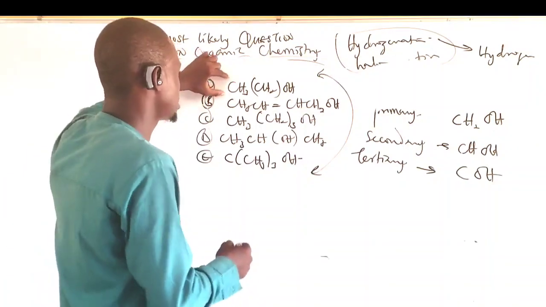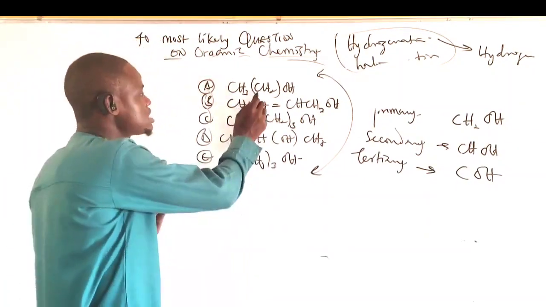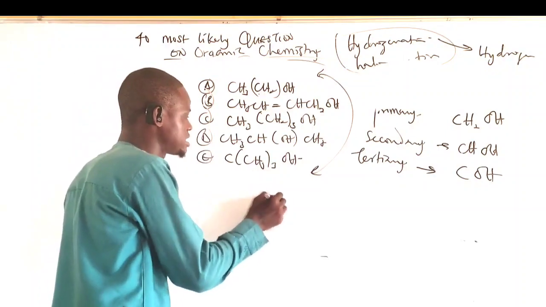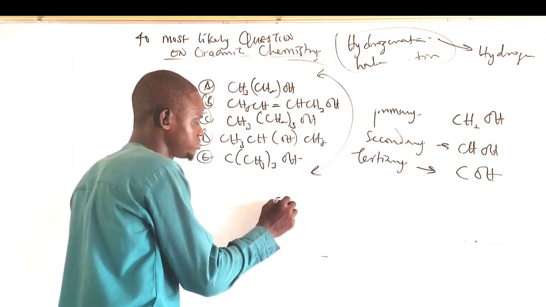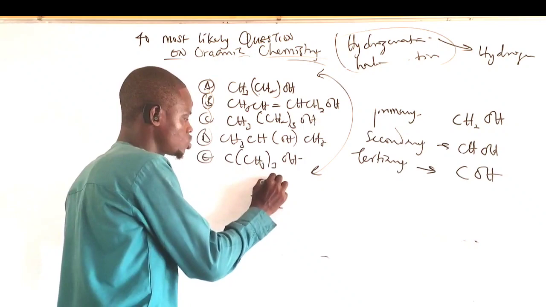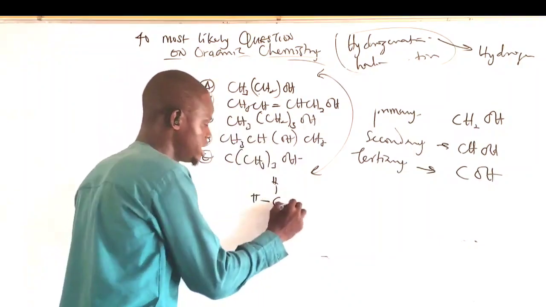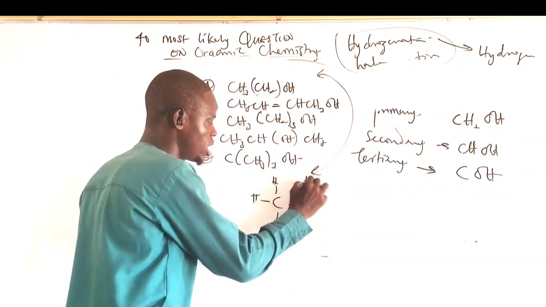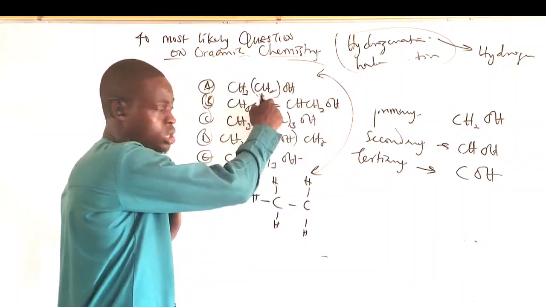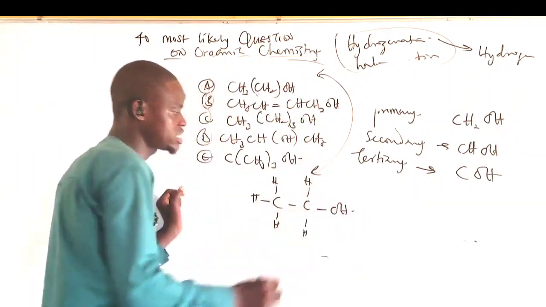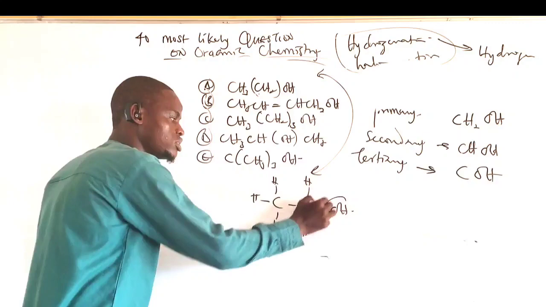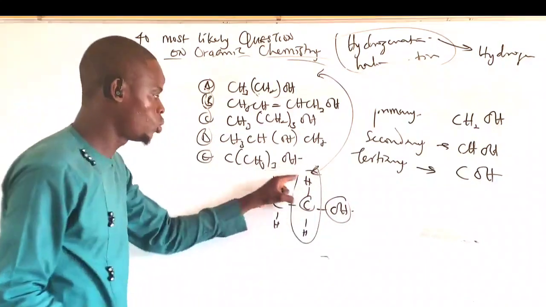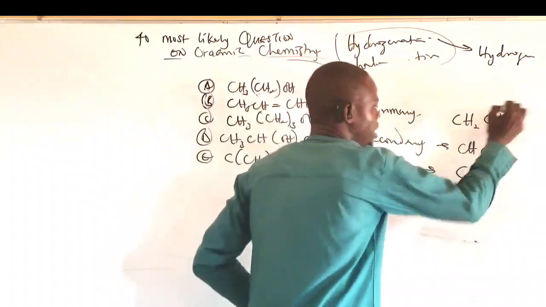Now, let's try to analyze what is there. This one is indicating CH3, let me write it out for you. CH3, this is C, 1, 2, 3. Now this is CH2, then OH. In this case here, look at the hydroxyl group, it is attached to a carbon with two hydrogen, which indicates primary alkanol.